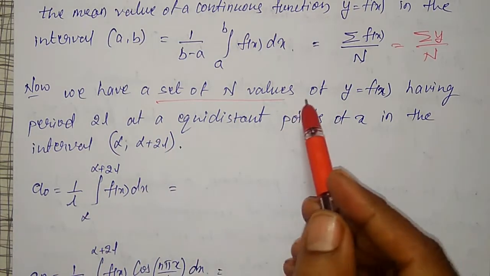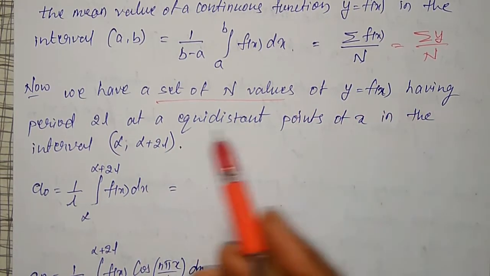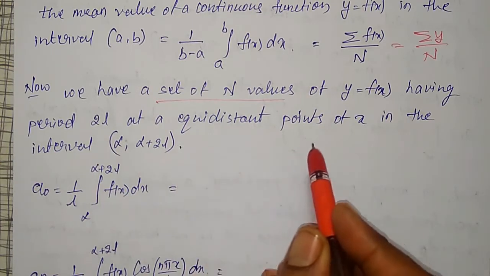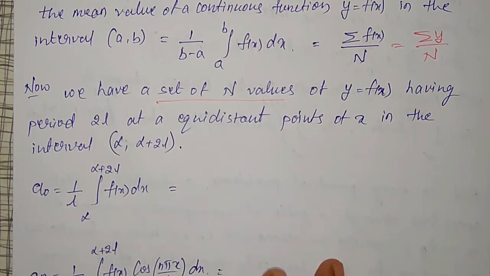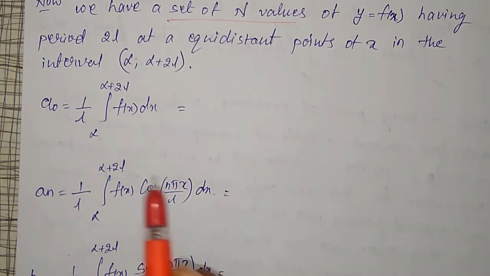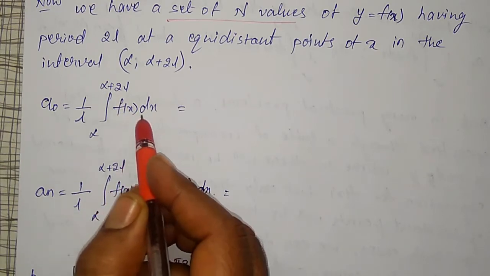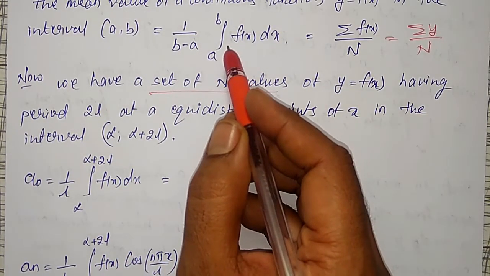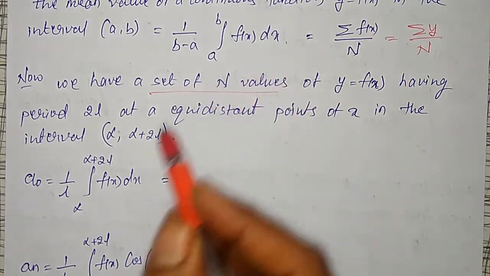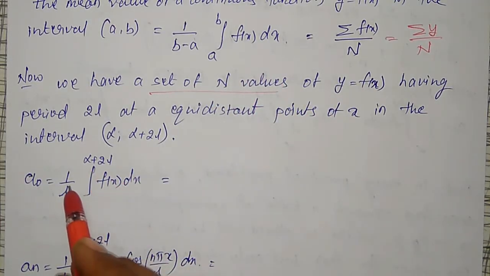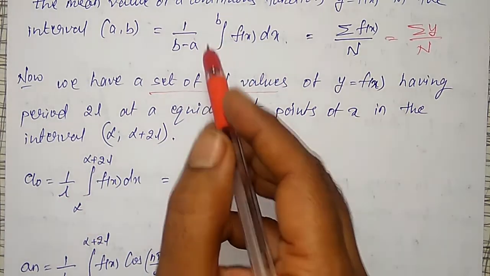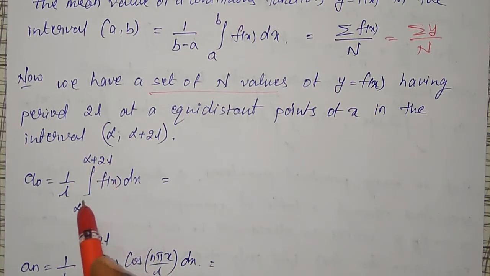We have a set of n values of y equal to f of x having the period 2l at equidistant points of x in the interval alpha to alpha plus 2l. Then a naught is defined to be 1 by l integral from alpha to alpha plus 2l of f of x dx. This is very similar to the integral from a to b of f of x dx, where the factor should be 1 by b minus a, that is alpha plus 2l minus alpha, where alpha cancels, equal to 2l, but here only l is there.